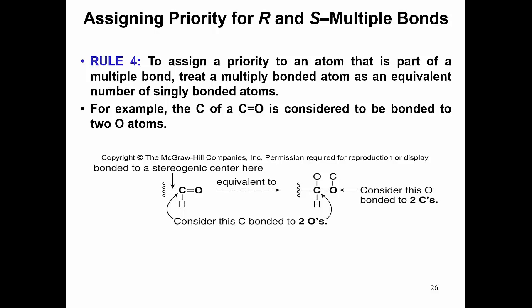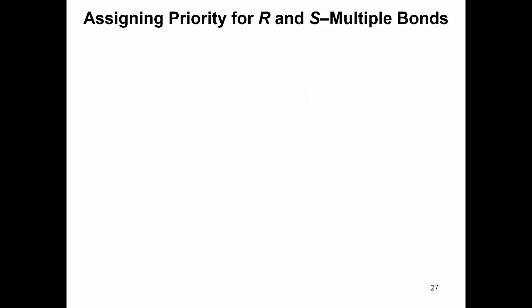It kind of makes sense if you visualize it: a carbon double bound to an oxygen. If we had to compare it to another doubly bound carbon, we would count that oxygen twice because it's double bound. We'll see more examples of this, and it should get clearer when we do examples too.